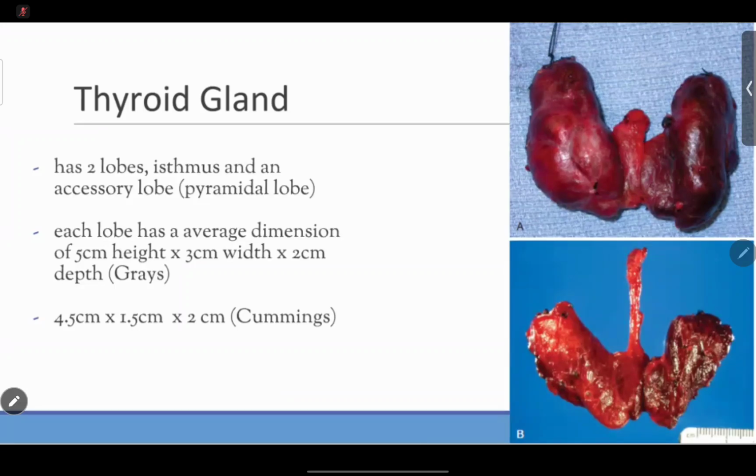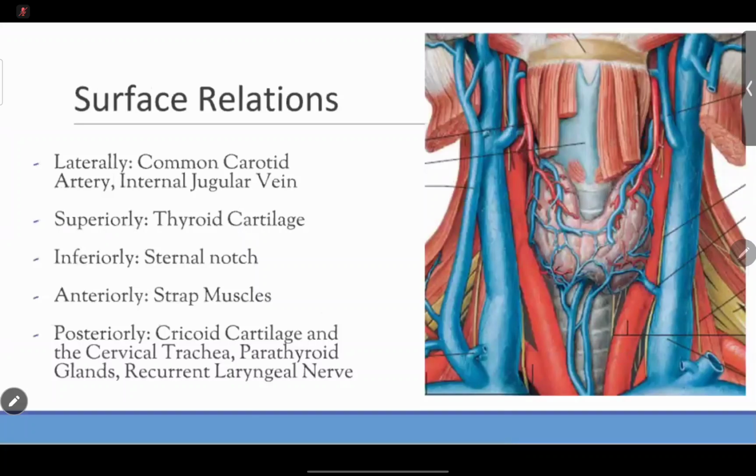Next would be the surface relations of the thyroid gland. So this is your thyroid gland. Laterally are two important vessels, your common carotid artery and also your internal jugular vein.